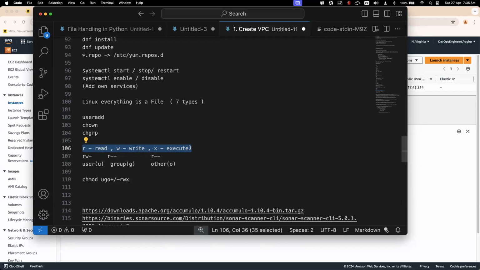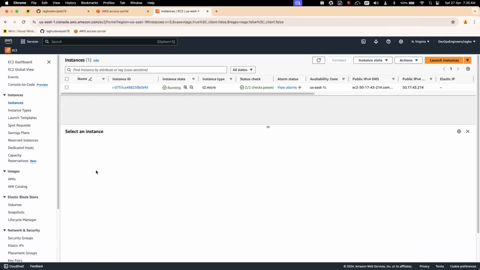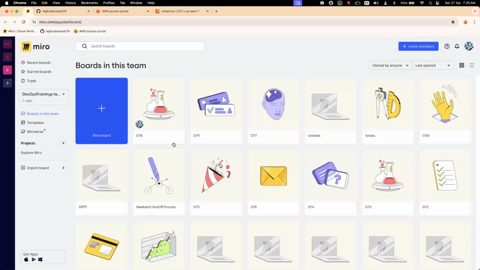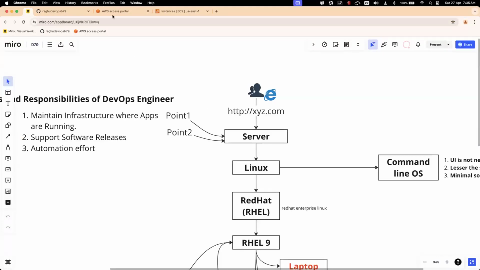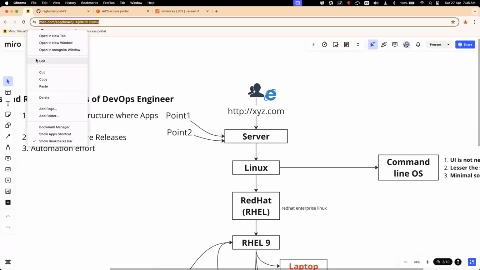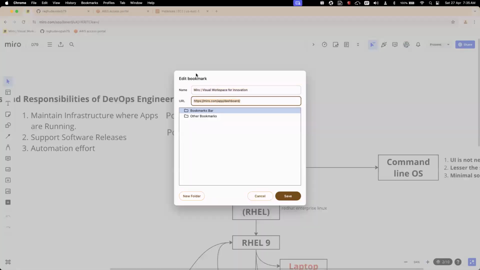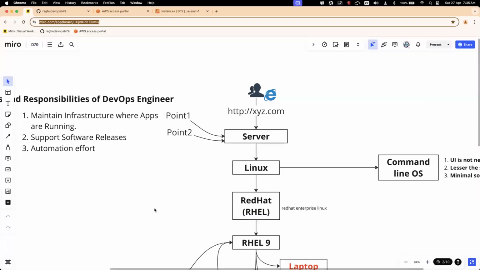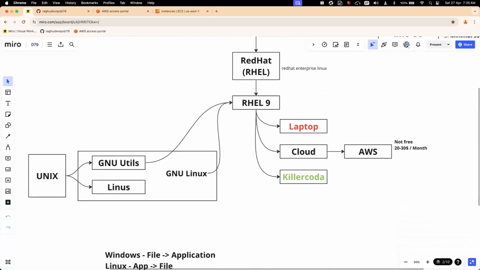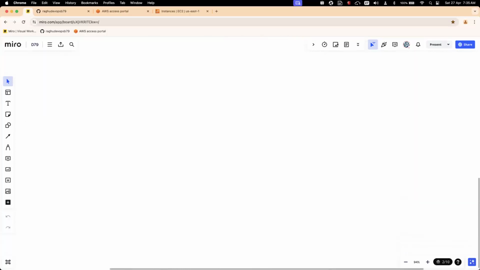But for now, we're going to talk about how Amazon deals with the network, comparing it with how networking happens in our home. If you understand the home network, then the company network is not a big deal. So let's go and try to understand how it is happening in our home.